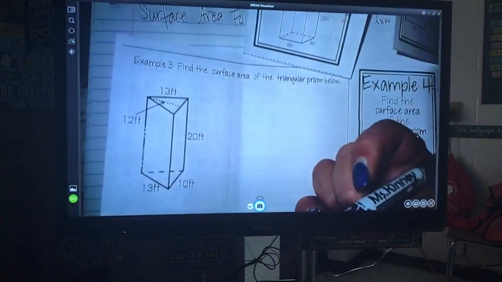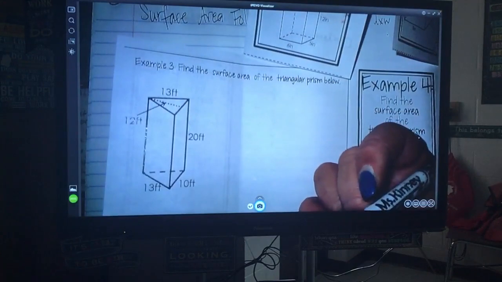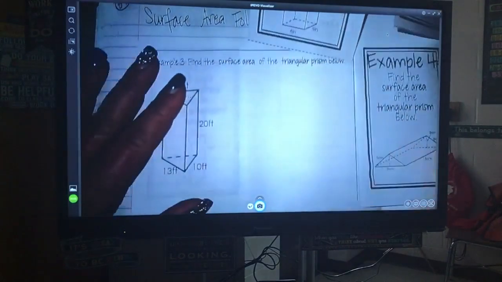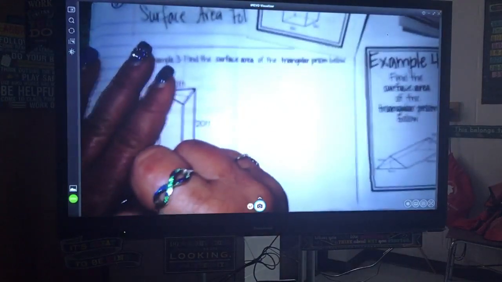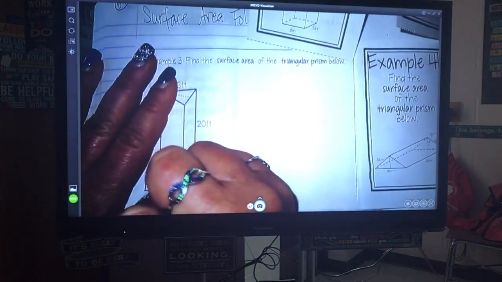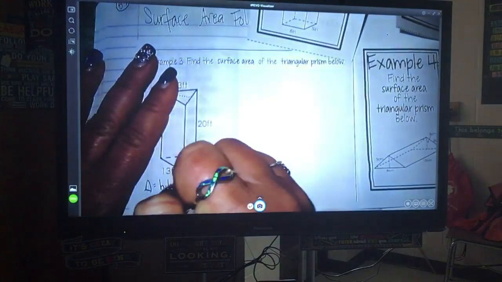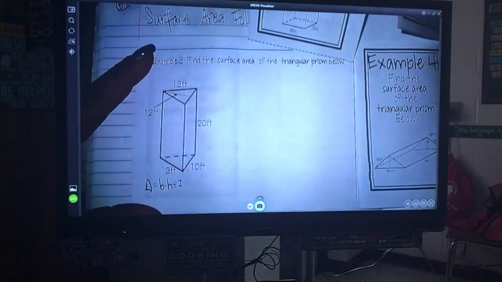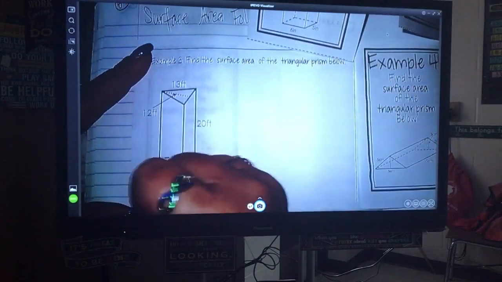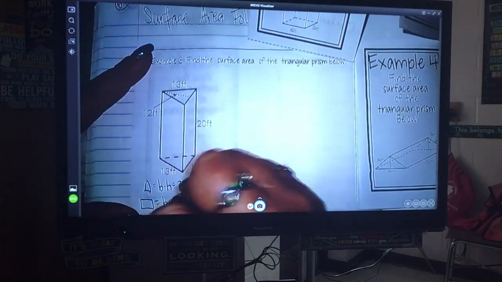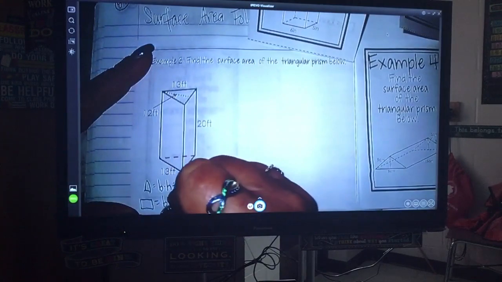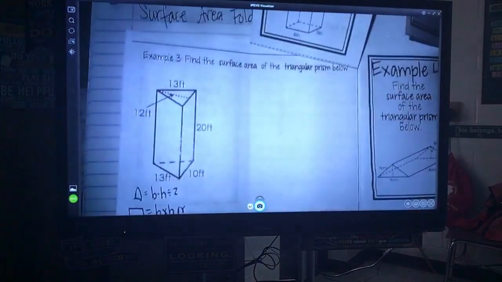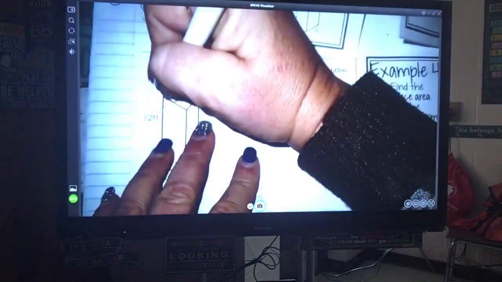So with knowing that, what's one of the formulas we're going to be using? Length times width or base times height divided by 2. And then what are the other 3 shapes? Rectangles. So what am I going to be using? Base times height or length times width. All right. Let's start with our triangle right here.